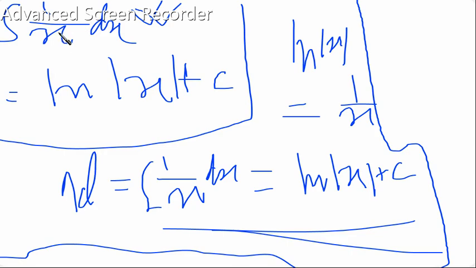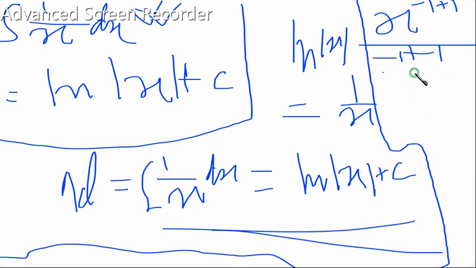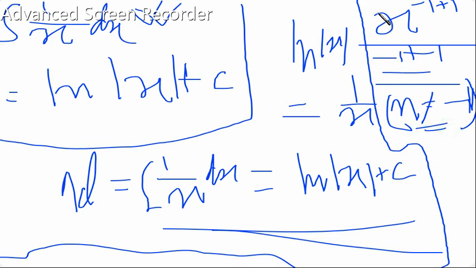According to the power rule, 1 by x is x to the power minus 1, so we would get x to the power minus 1 plus 1, divided by minus 1 plus 1. In the power rule, the exponent should not be minus 1, because if it is, the answer must be wrong. This is the main reason we are not able to use the power rule in this type of integration. Now let's move on to the last type of integration.